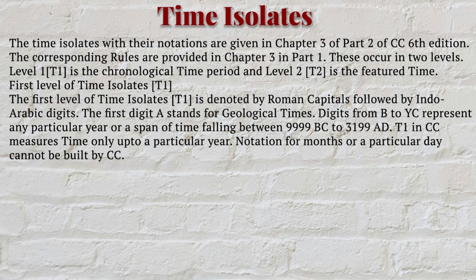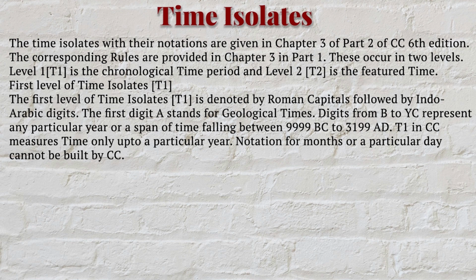The first letter A stands for geological time. Letters from B to YC represent any particular year or a span of time falling between 9999 before Christ era to 3199 Anno Domini year.